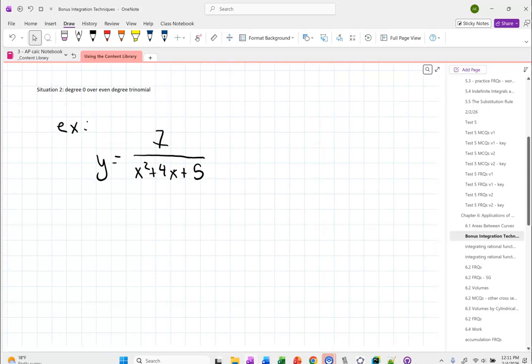So for this one, typically you're going to see a degree 0 over some trinomial that's in the quadratic form.